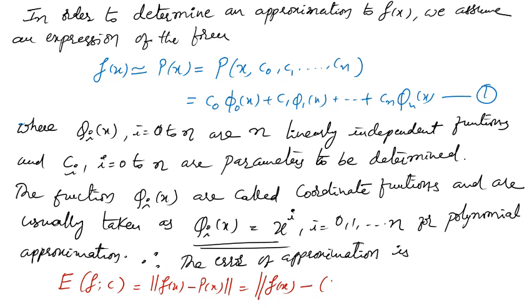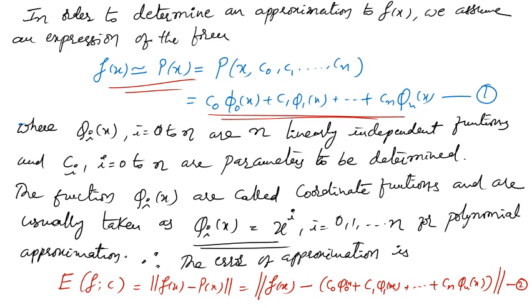This is nothing but C0 phi naught of x plus C1 phi 1 of x and so on, plus Cn phi n of x. Okay, now this is the error in the approximation by assuming the polynomial as this function.